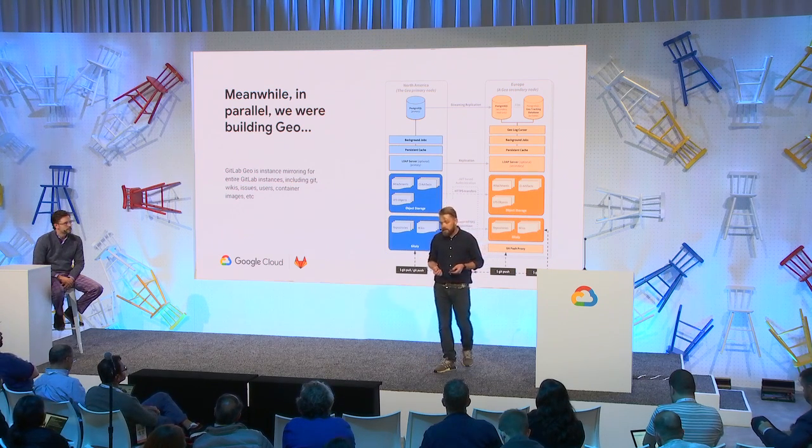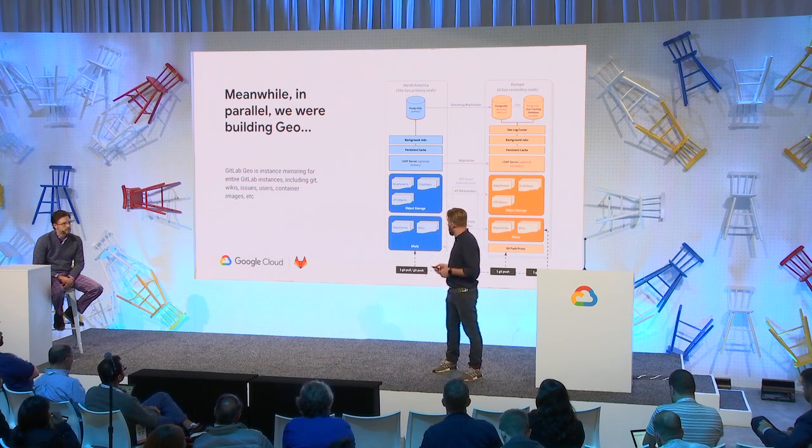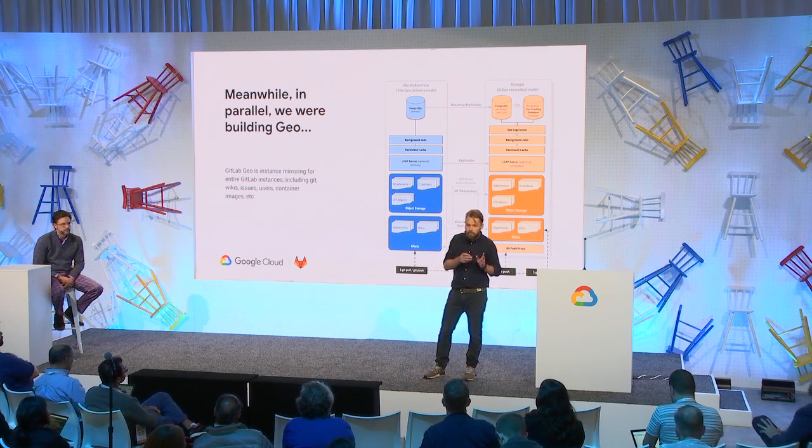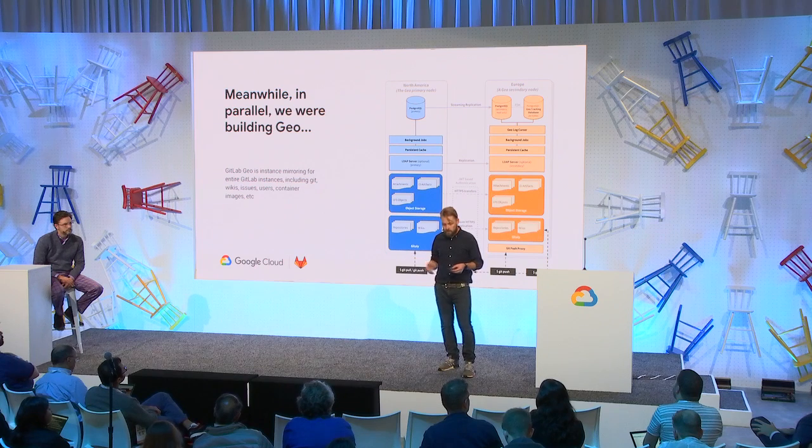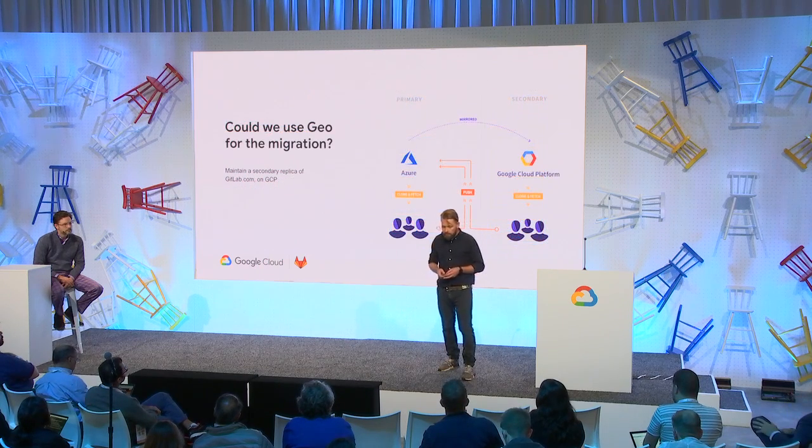It's also redundancy, and you can use it for off-site disaster recovery. So Geo works by doing an initial synchronization of all of your data from the first site to the second site. And then afterwards, it makes sure that everything is synchronized so that any change on the first site is replicated to the second in near real time. So you always have a duplicate copy of your data.